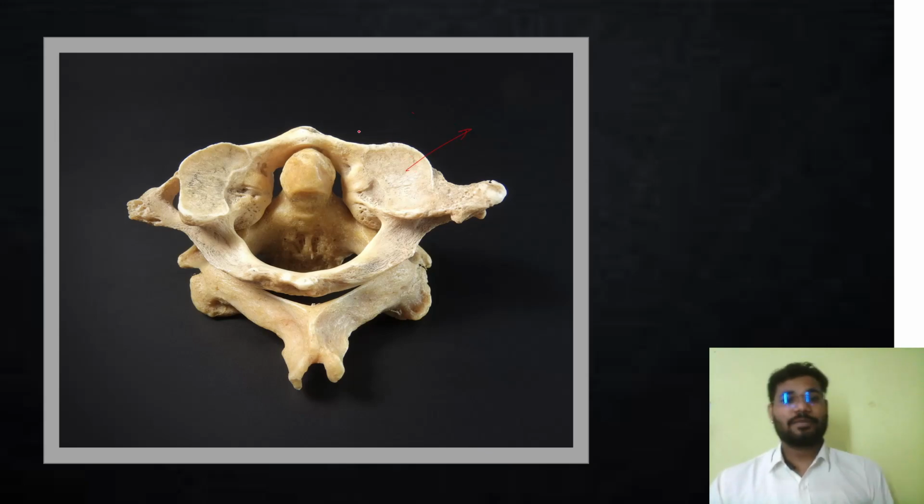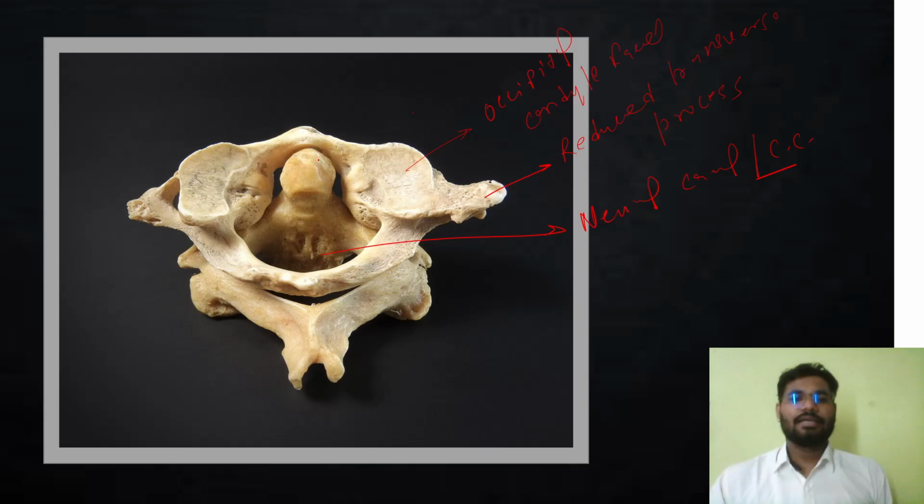This is the first vertebra. So this is the occipital condyle facet. Now let me label the occipital condyle facet. Of course, reduced transverse processes. It has reduced transverse processes, and this is the neural canal, also called the central canal, right?